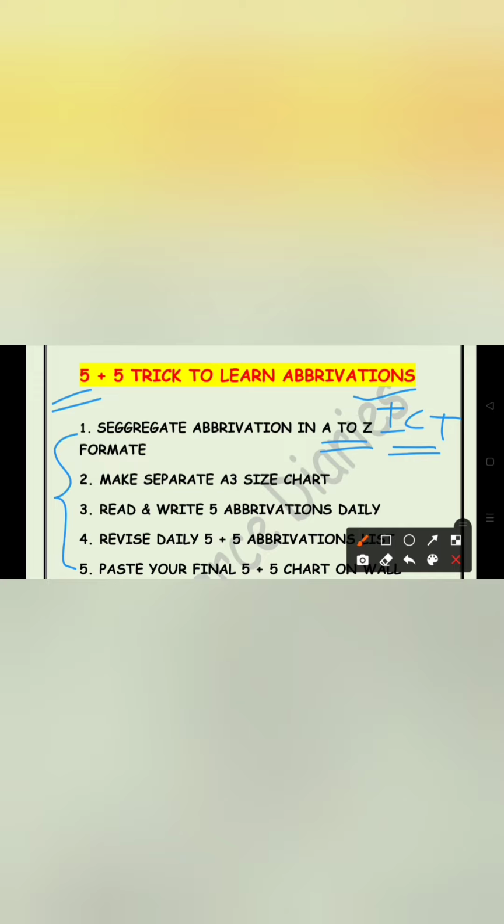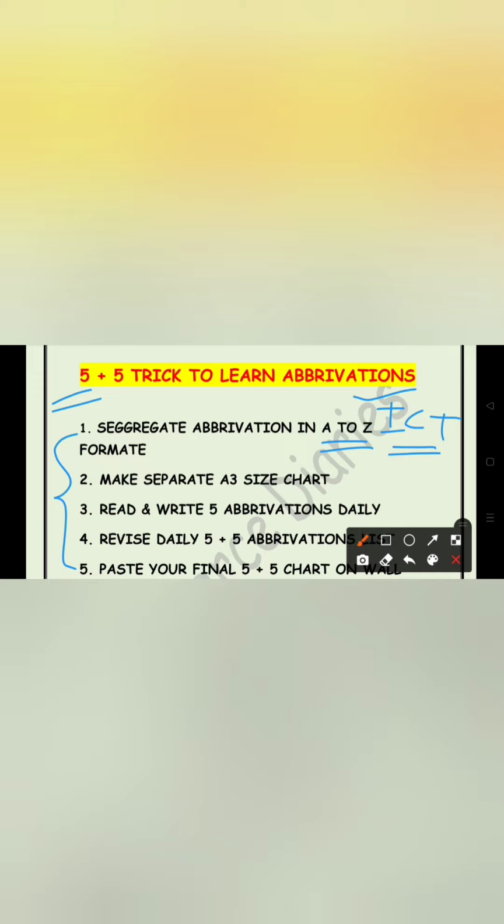If you downloaded any ICT abbreviation sheet from any online platform, or if you are following any study material in offline mode, maybe a book or your notes, first segregate or bifurcate those abbreviations in alphabetical manner.